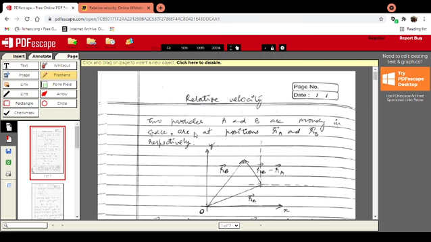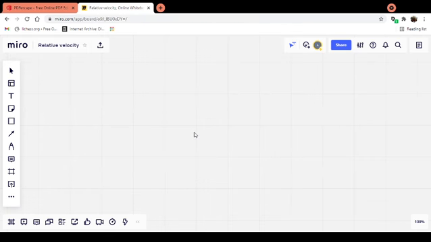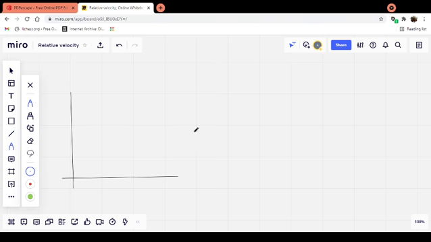So let us take a case. Imagine that we have some frame of reference x and y. So this is some x axis and this is some y axis. Now there is a person P over here and there is a person Q standing over here.